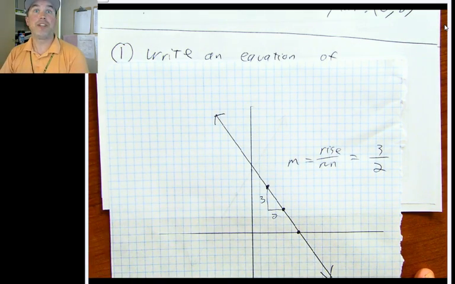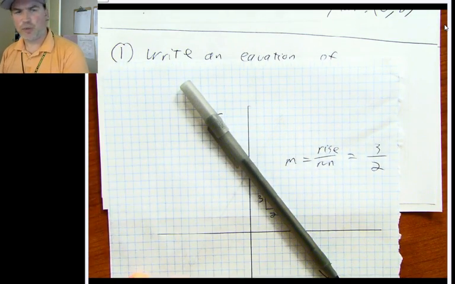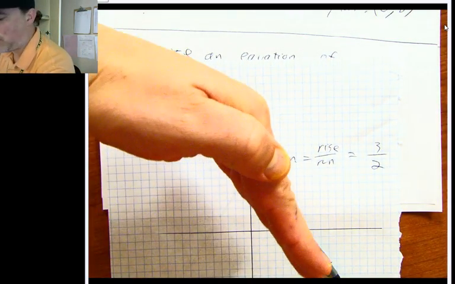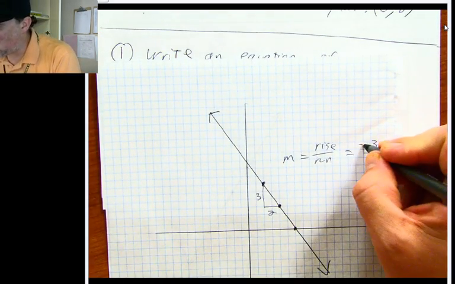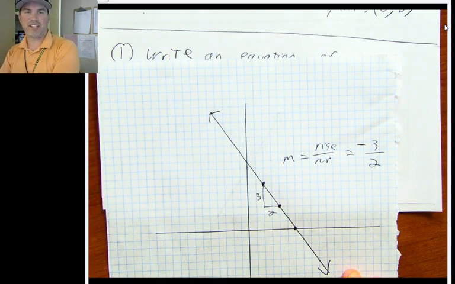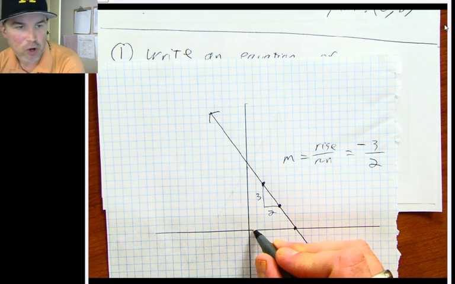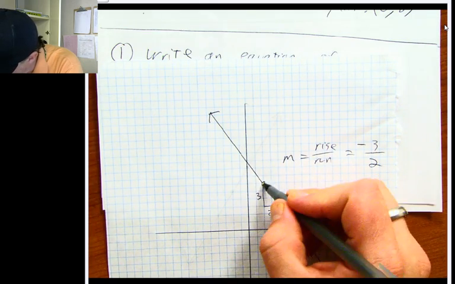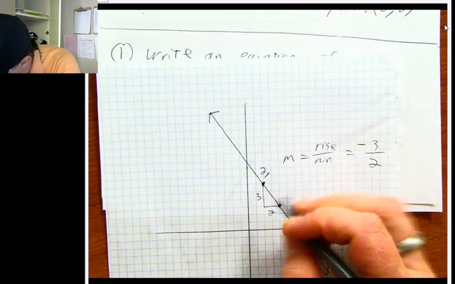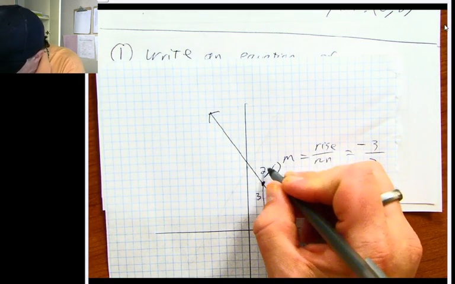Now what about positive negative? Well, in this particular case, as you travel from left to right, the slope is downhill. Downhill means negative slope, so this is a slope of -3/2. Then if I'm going to use point slope form, I also need to figure out a coordinate of this graph, and it appears that this coordinate right here is (2, 6).